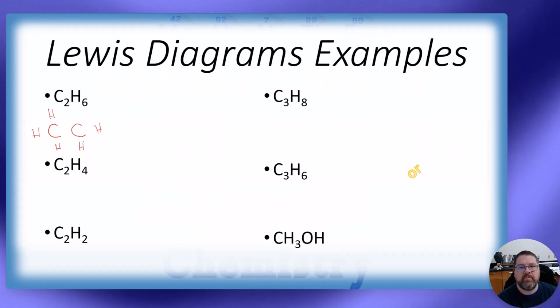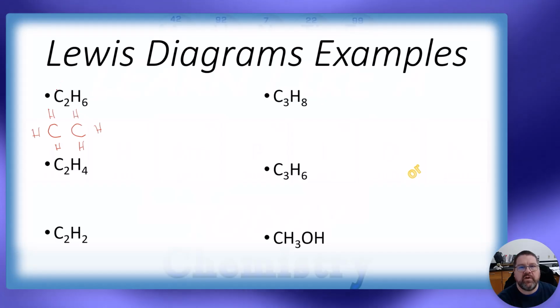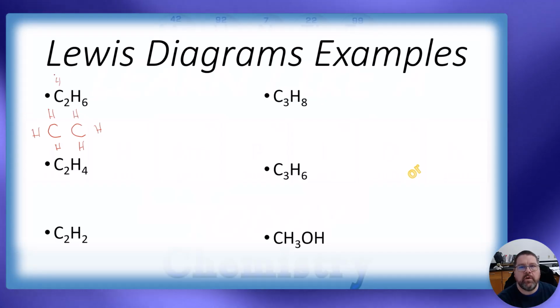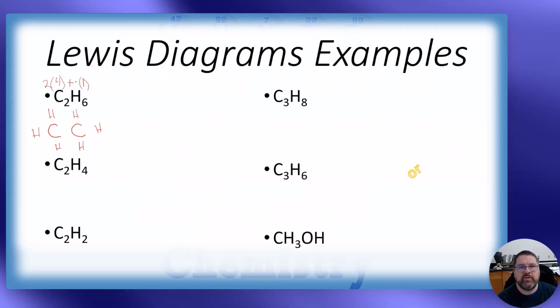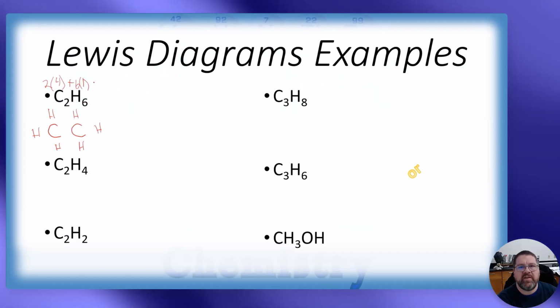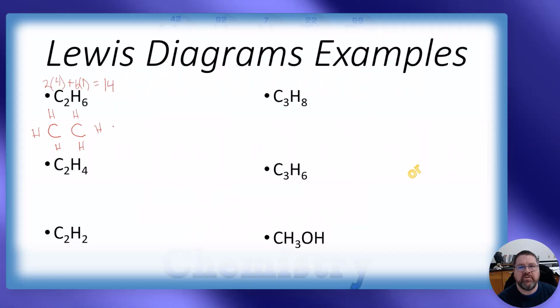So we'll do that. And then to tally up our valence electrons, each carbon has 4, but there are 2 of them, so we're going to double that. Plus, each hydrogen has 1 valence electron, but there are 6 of them. So we'll multiply that by 6, and that gives us a grand total of 14 electrons to distribute.